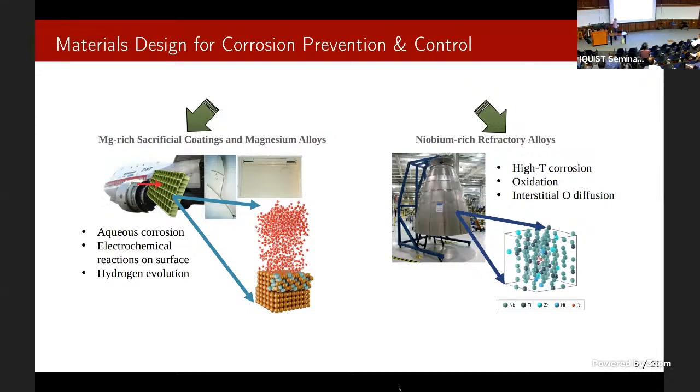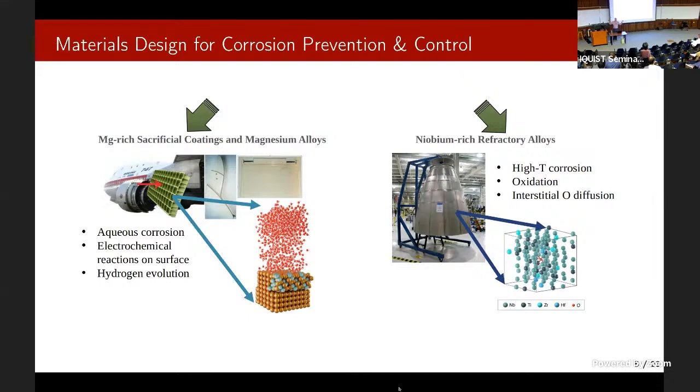There's what is called high temperature corrosion, which happens in an extremely high temperature environment. That's caused mostly by oxidation, and what you really try to understand there is interstitial oxygen diffusion. So that is a different design problem. There you would be thinking about niobium. Instead, we're really going to focus on magnesium-rich sacrificial coatings.